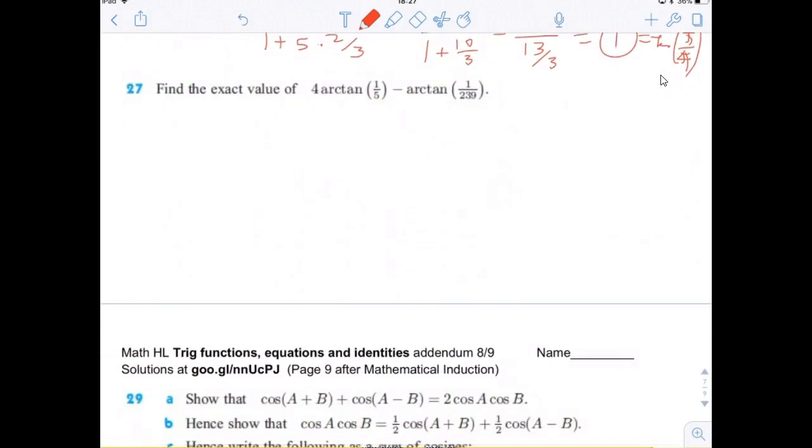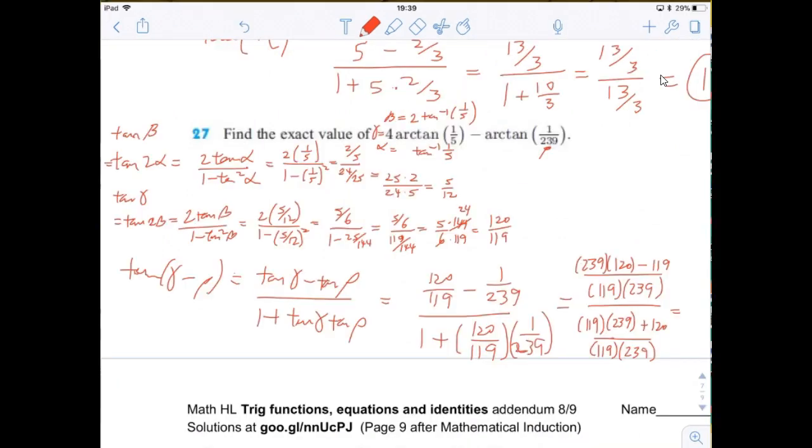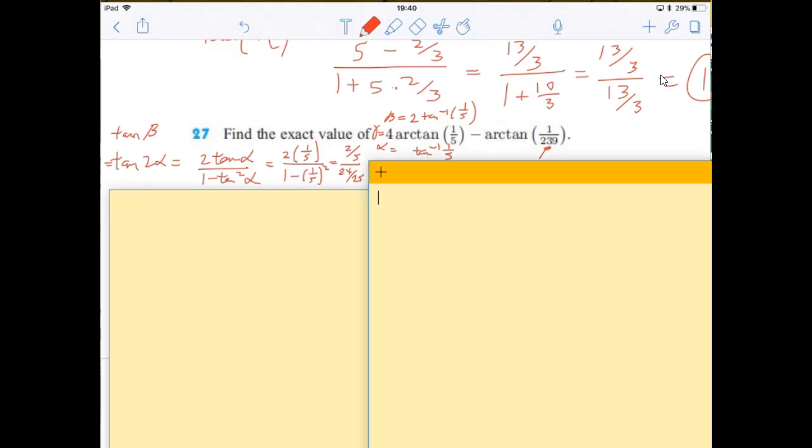27. Find the exact value of 4 arctangent 1/5 minus arctangent 1 over 239. Just to show you what a monster problem this is, here's the whole thing, and now I am going to try to show it to you step by step. First thing I'm going to do is give some names to these terrible expressions. Do you see how it says 4 arctangent 1/5?